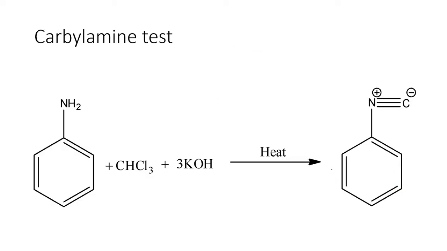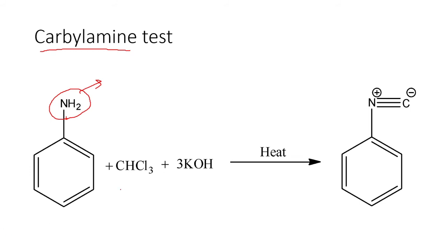Okay, so moving forward, we have two more tests left, that is carbonylamine test and Hinsberg reagent test. Okay, so what is carbonylamine test? Carbonylamine test basically is used to distinguish between primary amine and rest of amines, right? Or any rest thing like primary amine and phenol or anything.